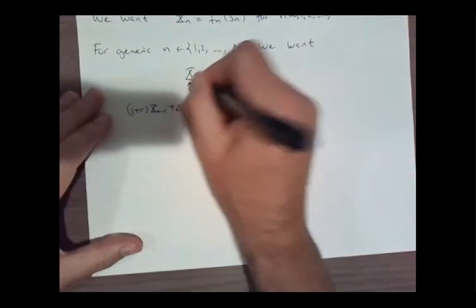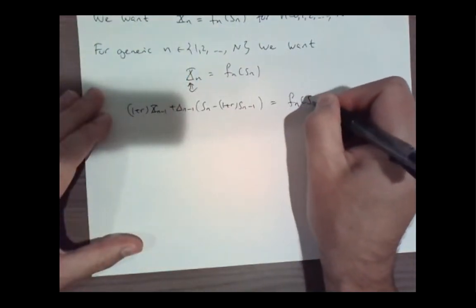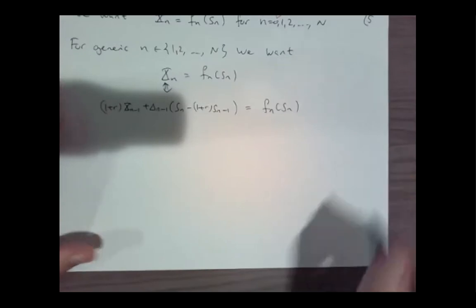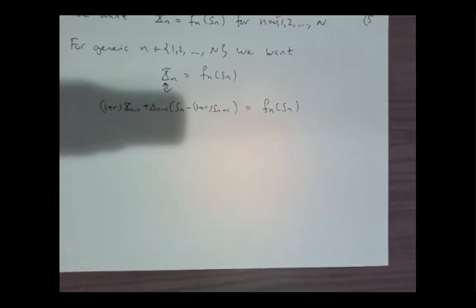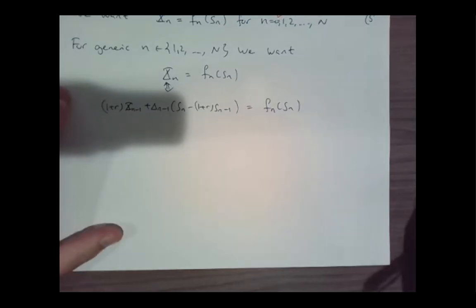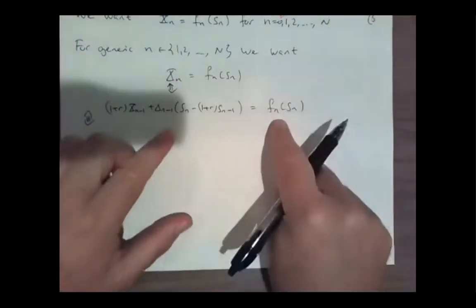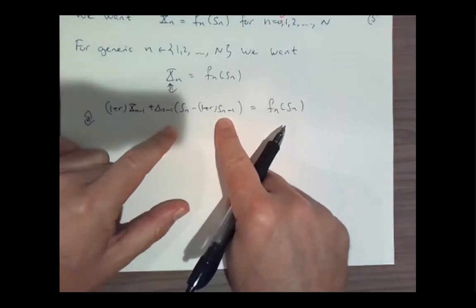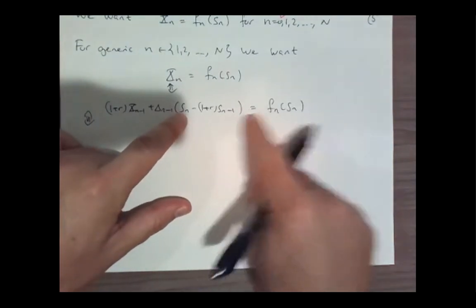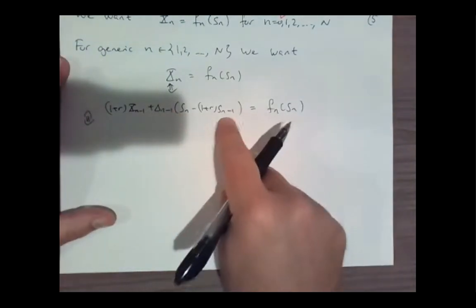And so I want this. We've had equations like this many times before. If I'm sitting at time n minus 1, what is random here is Sn. So I'll have two possible values.